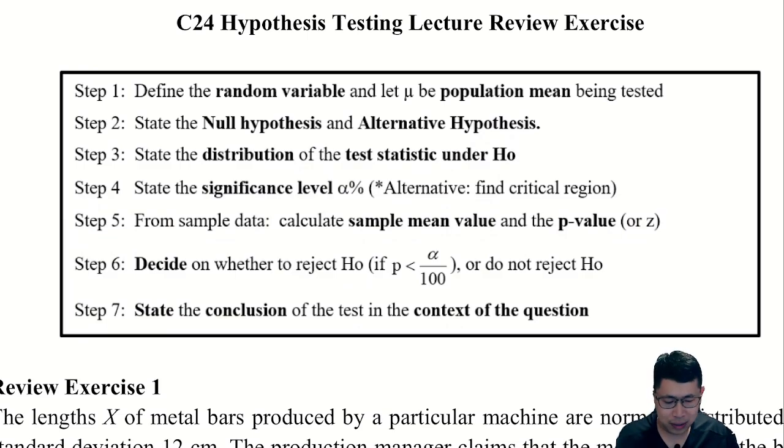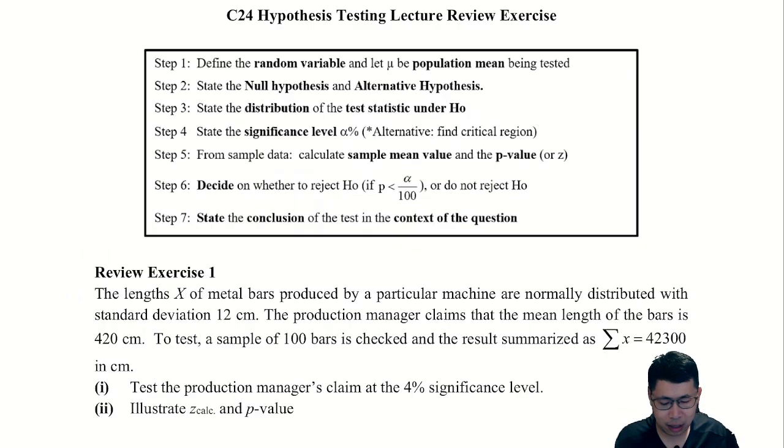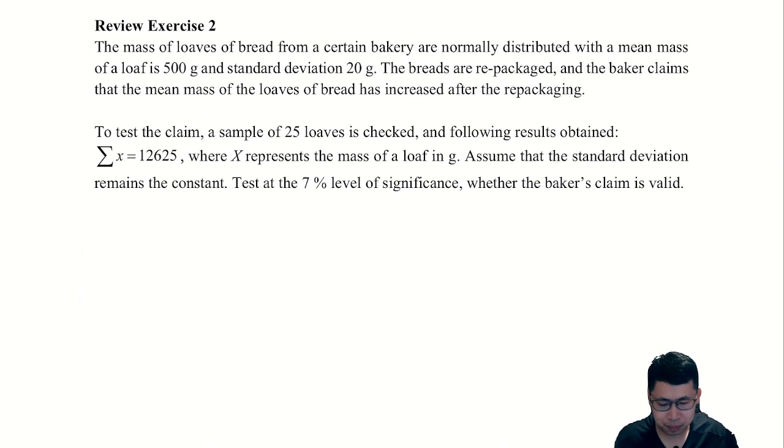Okay, without further ado, let us start off with review exercise 2, so that we can roughly see the difference between a one-tailed test and a two-tailed test. Let's read and process this question together. The mass of loaves of bread from a certain bakery are normally distributed.